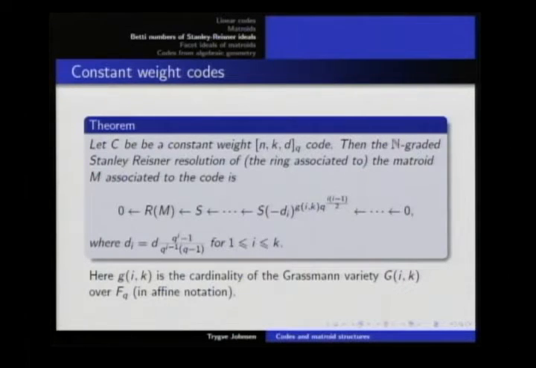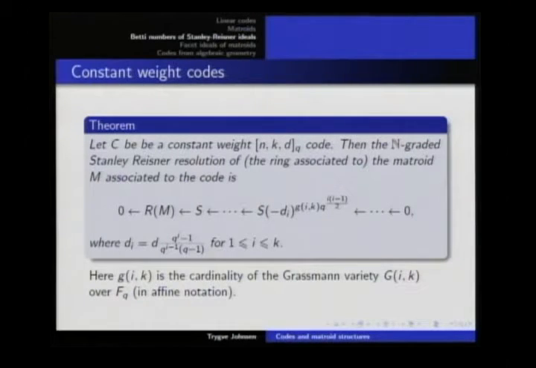And another theorem, which is more of a technical kind: if C is a so-called constant weight code, then recently somebody found these higher weights. What is a constant weight code? This means that all non-zero words have the same weight. That's a very restricted class, but it exists and it is interesting for many coding theorists.